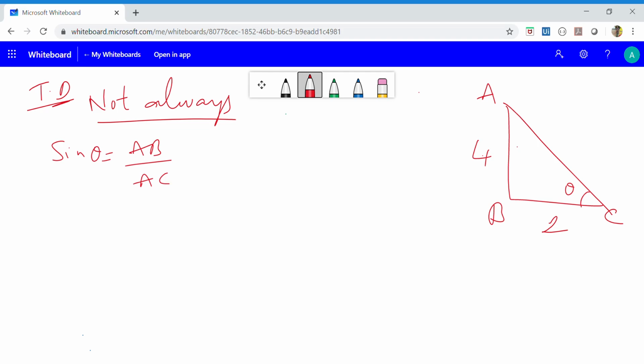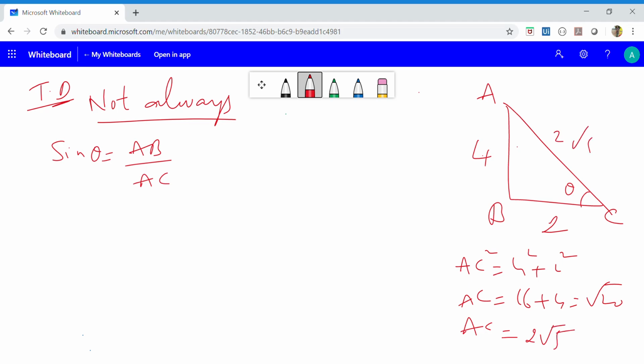So you have to find AC. AC square is equal to 4 square plus 2 square, 16 plus 4 is 20. So AC is equal to root 20, which can be written as 2 root 5. So here we found the other side.